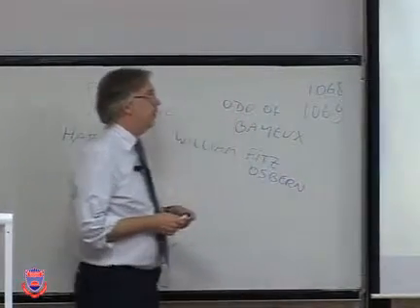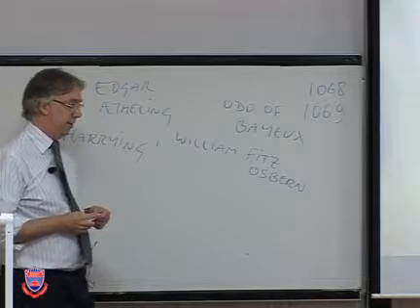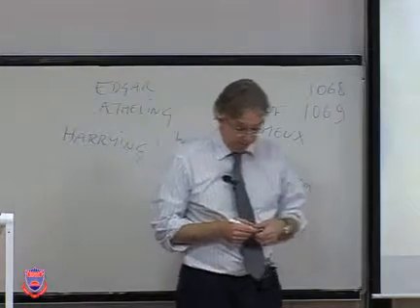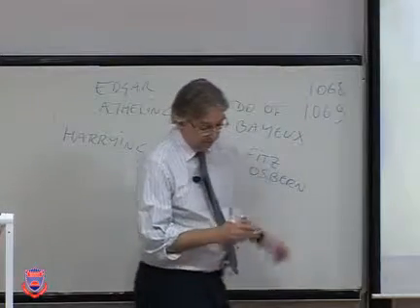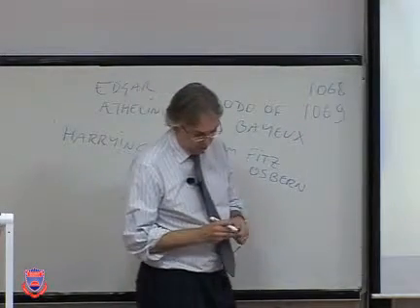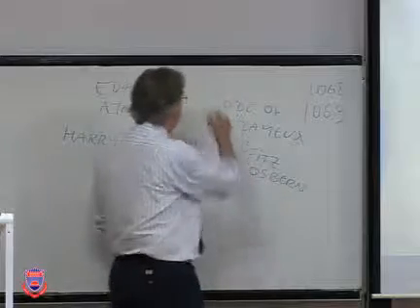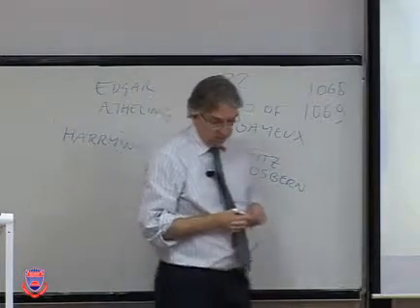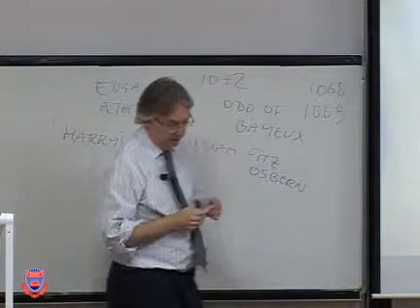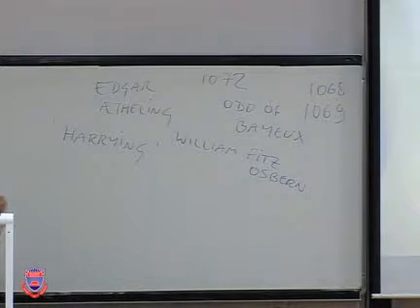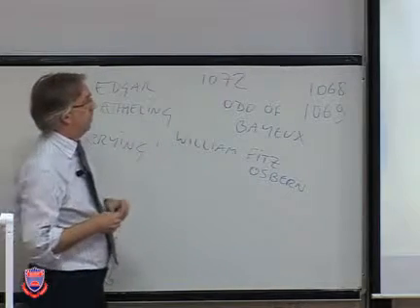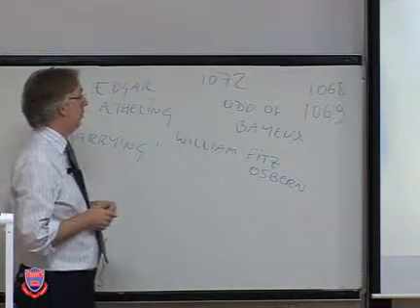William has relations with Wales and Scotland at this time as well. Now I'll get my years correct. In 1072, I think he goes up to Scotland on the basis of establishing some kind of position in the north, of course.